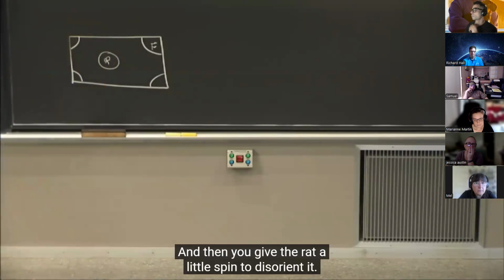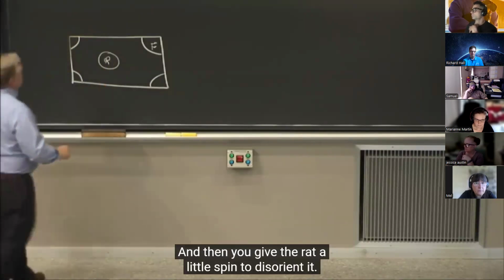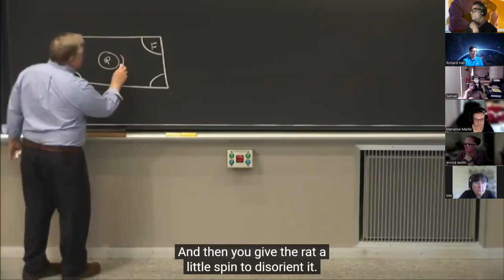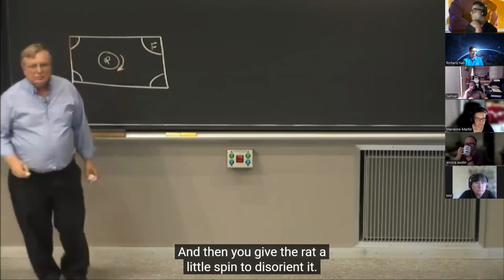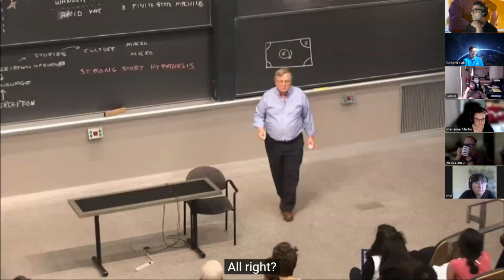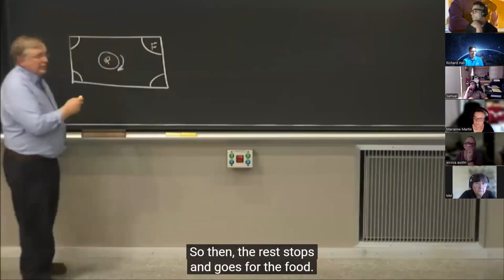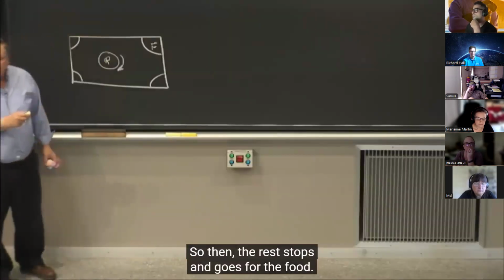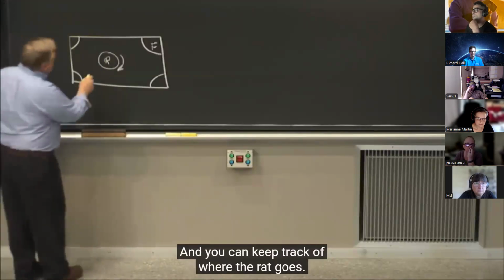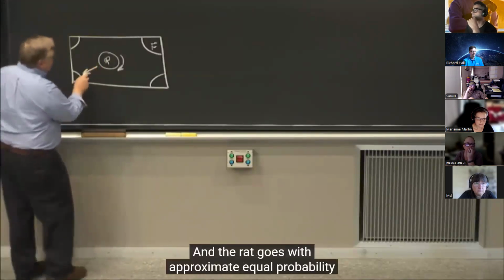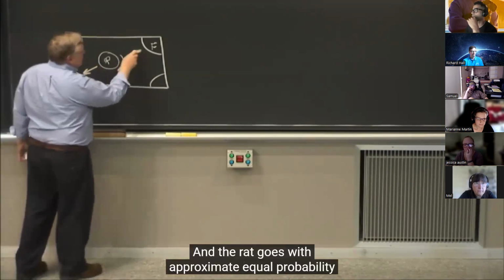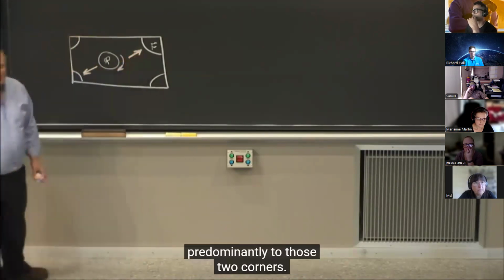And then you give the rat a little spin to disorient it. All right? So then the rat stops and goes for the food. And you can keep track of where the rat goes. And the rat goes with approximately equal probability predominantly to those two corners.